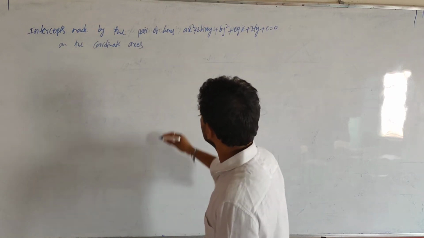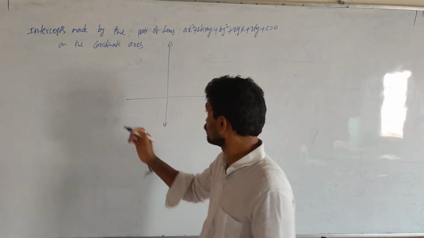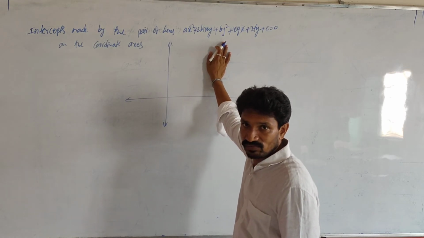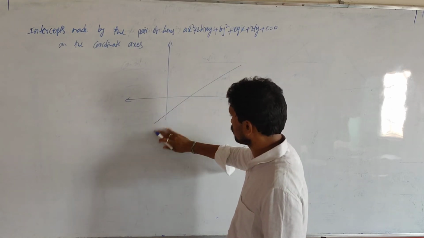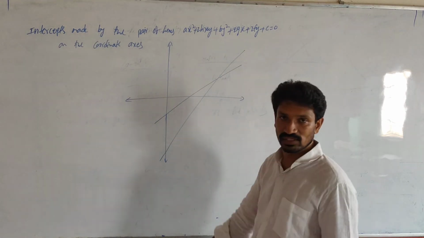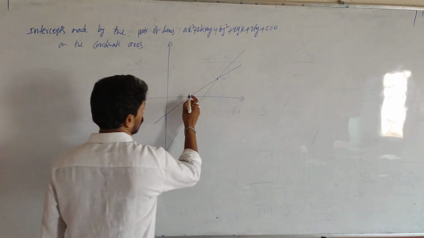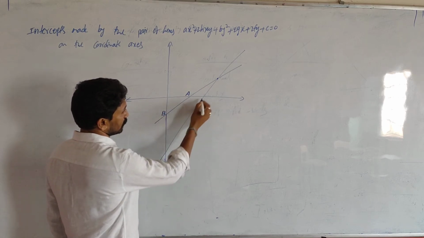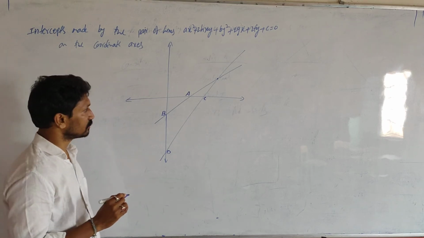See here, this is the coordinate axis. This is the pair of straight lines. Let us take this is the intercept like this, and this is the intercept like this. That means these two intersect here, and this line intersects at A, B. This line CD intersects on the coordinate axis.